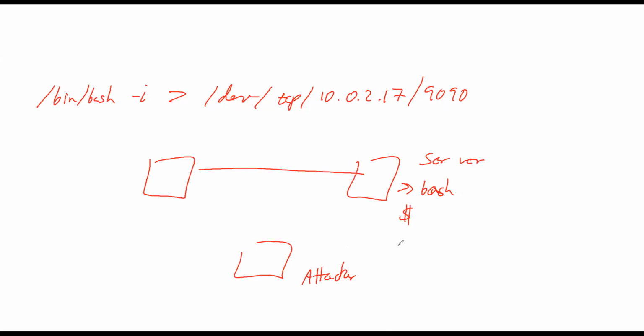It becomes its own terminal, linked in a tunnel to that port 9090. So when you type something here, it's like you're typing it there, and the bash interprets all the commands just the same. Basically you have a terminal to the server, okay?